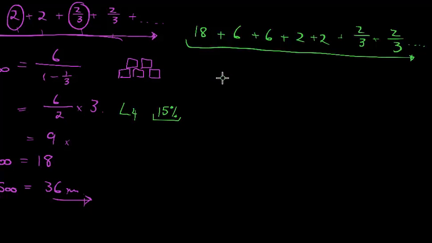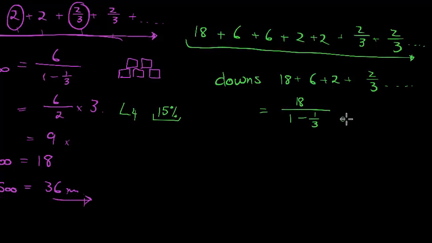So you could have separated the ups and all the downs. The downs were 18 plus 6 plus 2 plus 2 over 3, and that's a geometric sequence. It's 18 over 1 minus 1 over 3, which we saw was 27.